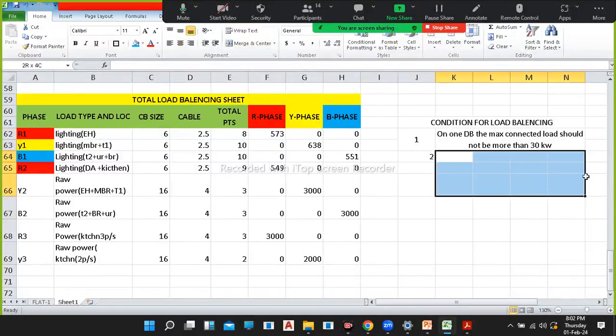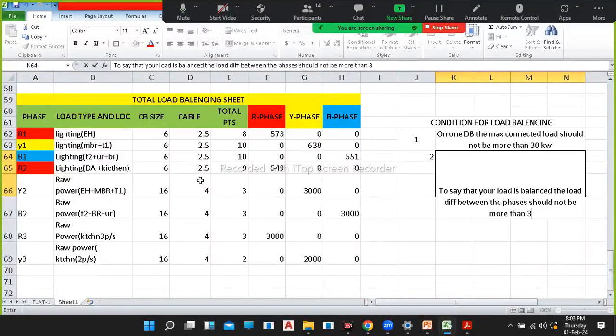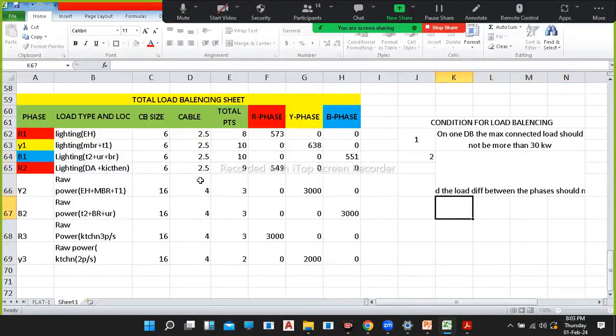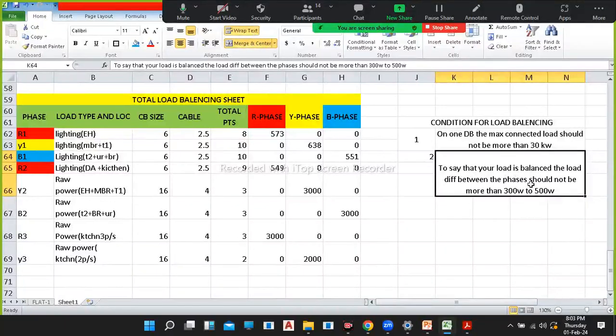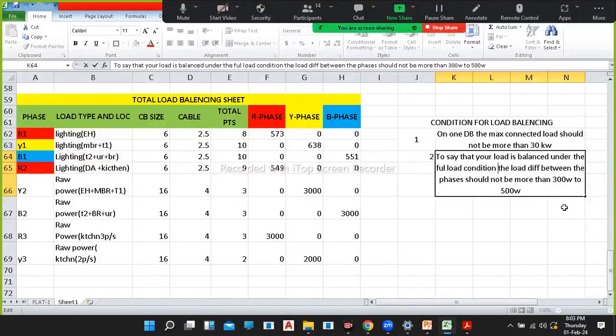Second condition, what is the second condition saying is, to say that your load is balanced under the full load condition, the load difference between the phases should not be more than 300 watts to 500 watts as per ROCB incomer.